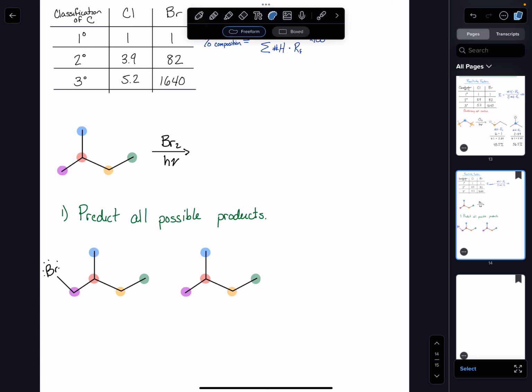All right, we'll stick one on that middle red carbon. One on that blue carbon.